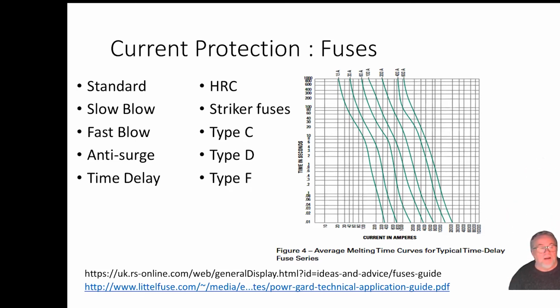There are anti-surge fuses, time delay fuses, there are A fuses, there are F fuses, there are G fuses, there are a cornucopia of fuses, and they are very, very complicated, and they're not for me to go through here. If I started going through this, we'd all be here till 10 o'clock tonight.